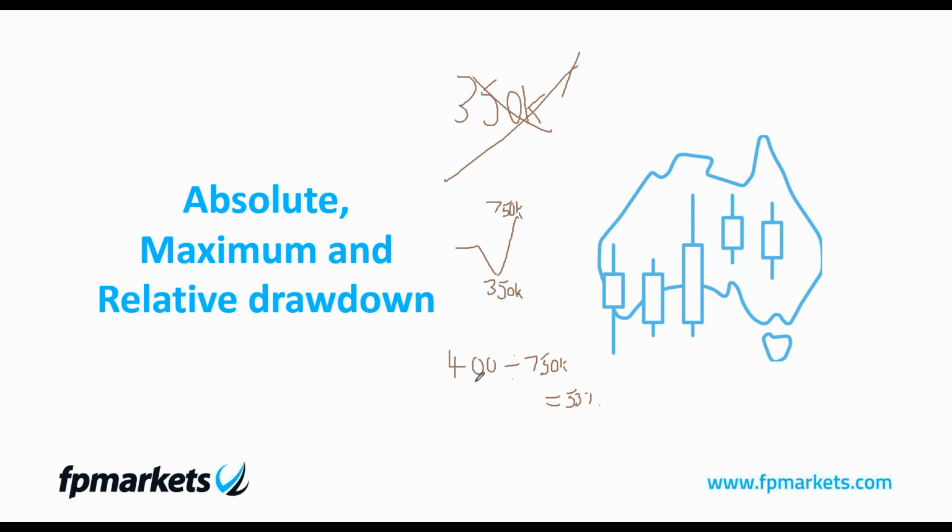So essentially, it is the largest loss from the peak to the trough in your account. In the example at the beginning of the presentation, our maximum drawdown, if you remember, was just a touch over 20%. Let me just erase that awful drawing there.